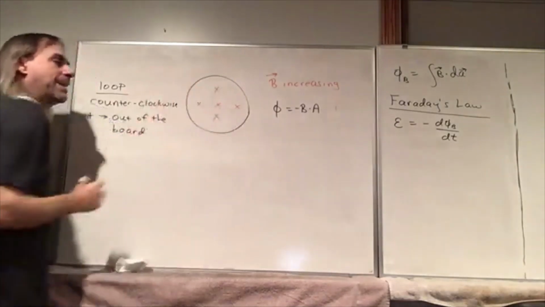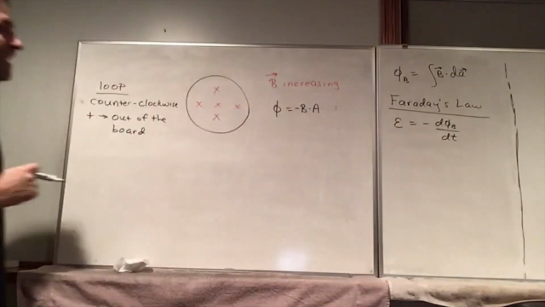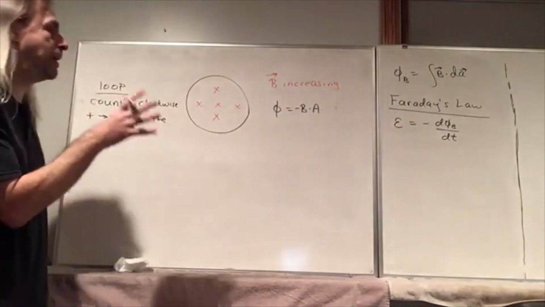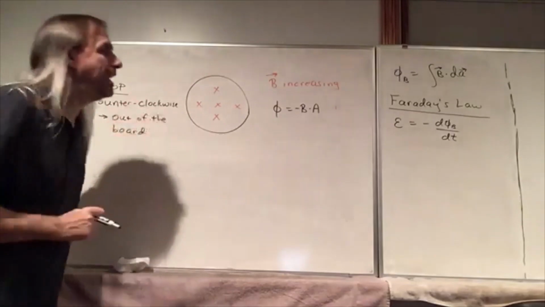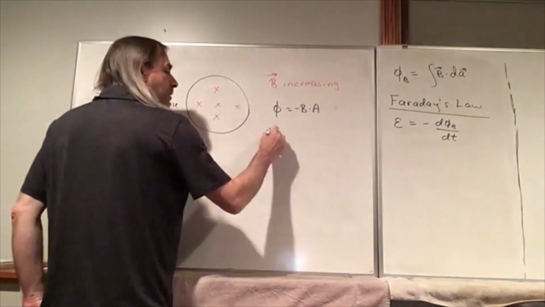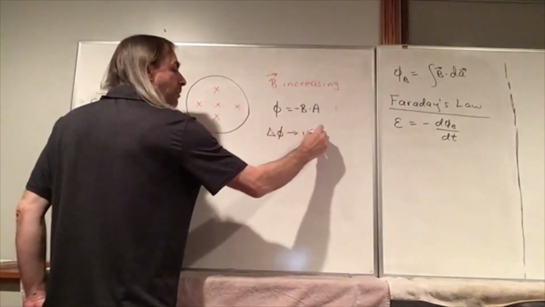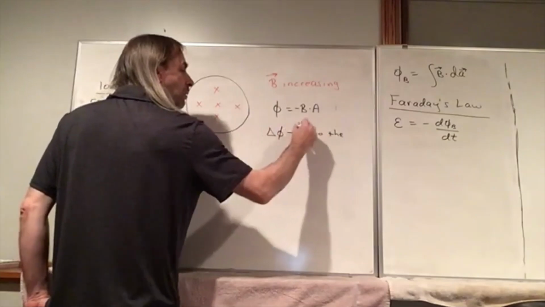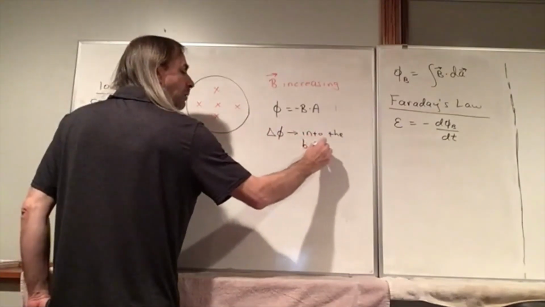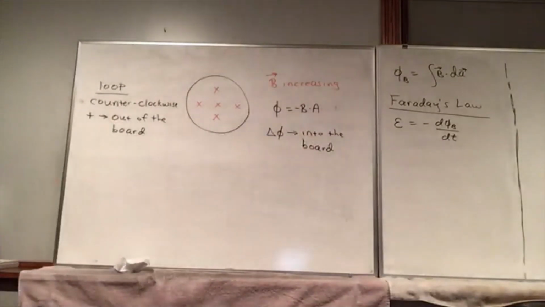The flux is into the board, so that's a negative flux, and the magnitude is increasing. And so the change in flux is into the board.